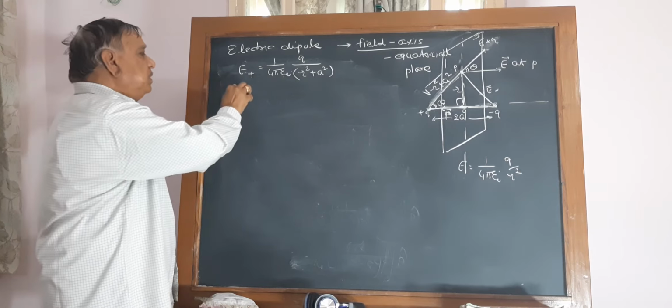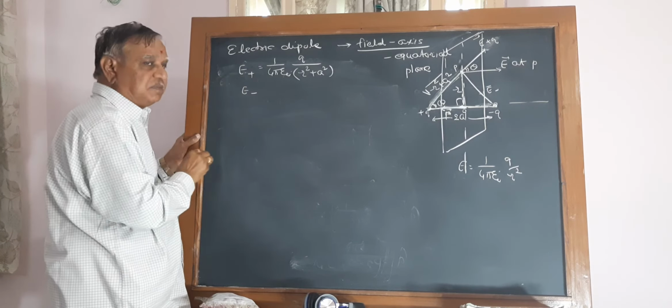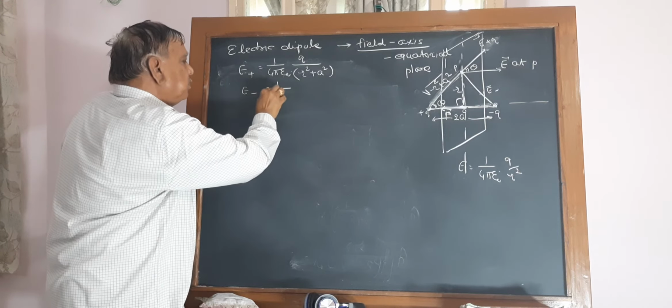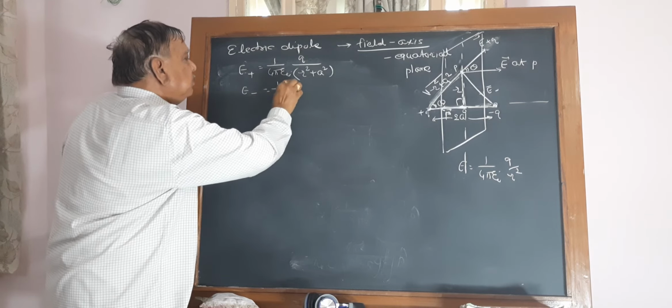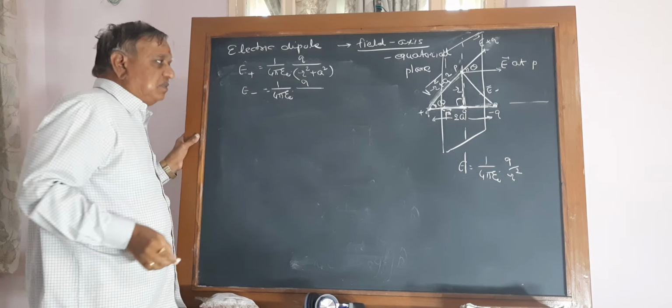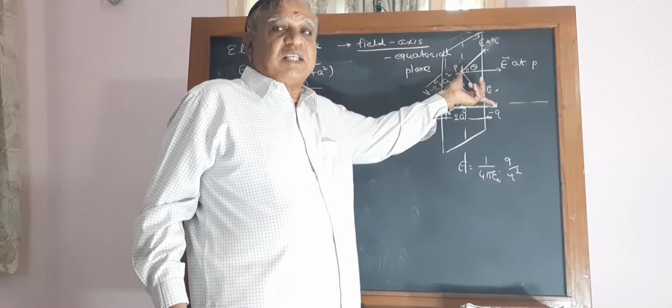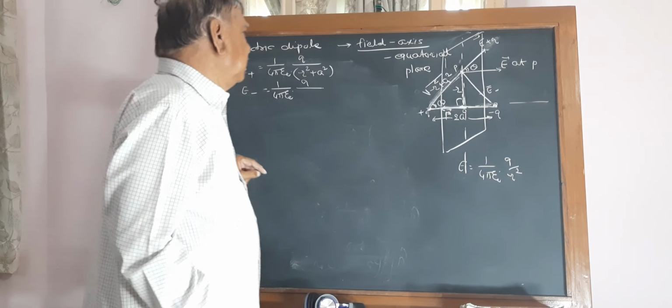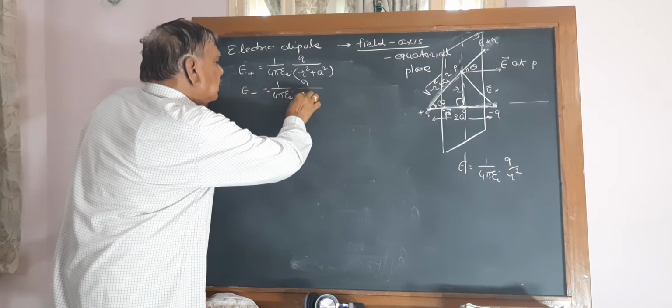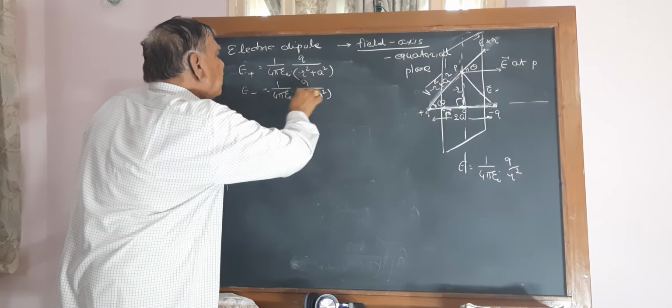Similarly, the field due to the negative charge, E minus, is 1 upon 4 pi epsilon 0 Q upon the distance, which will be the same as before, so it is R square plus A square.